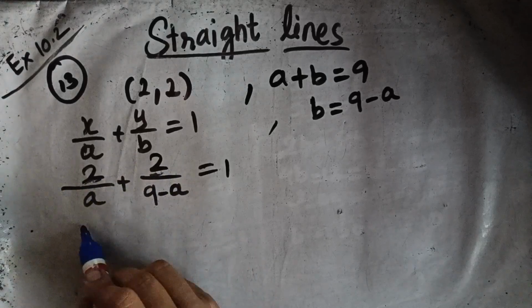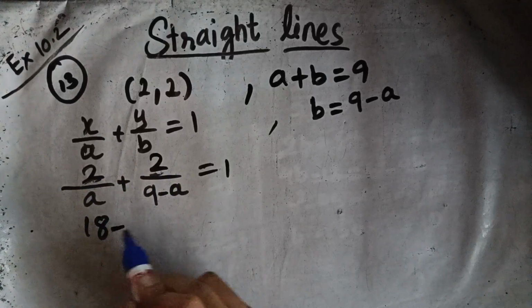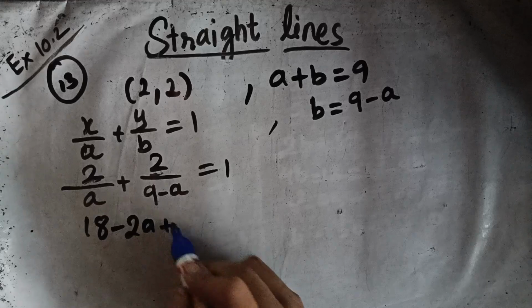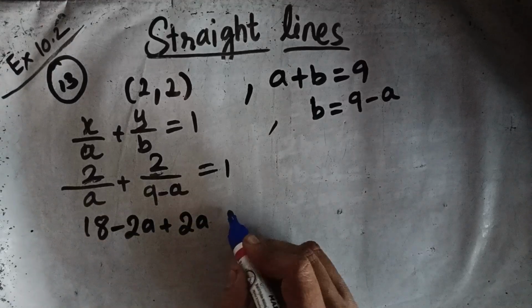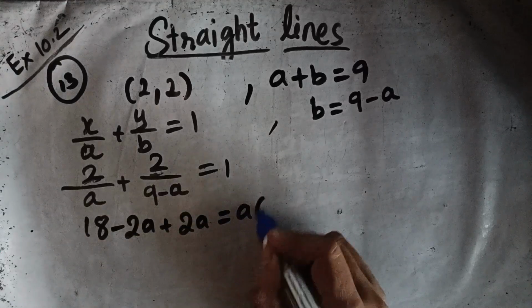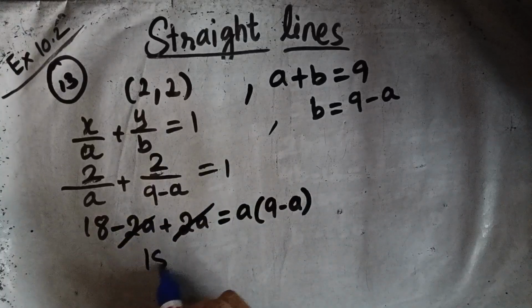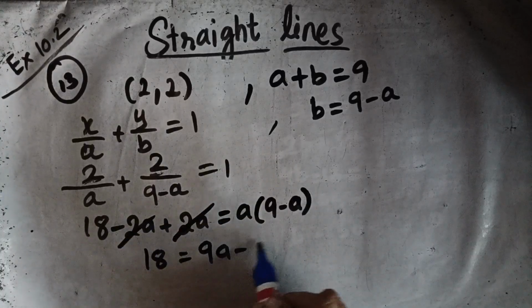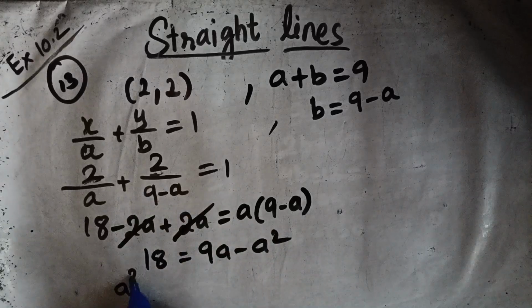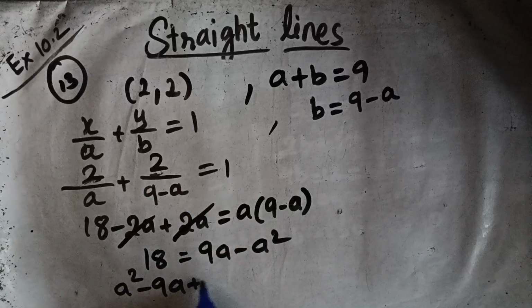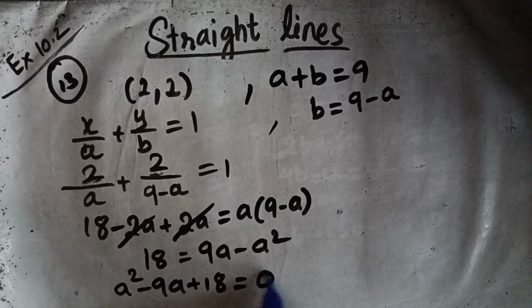Okay, cross multiplying. So a square minus 9a plus 18 equal to 0.